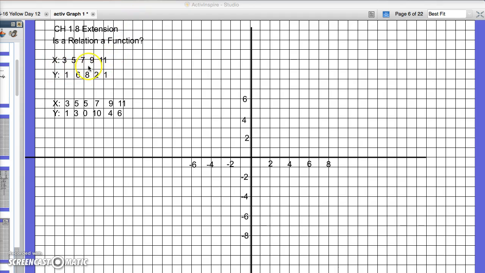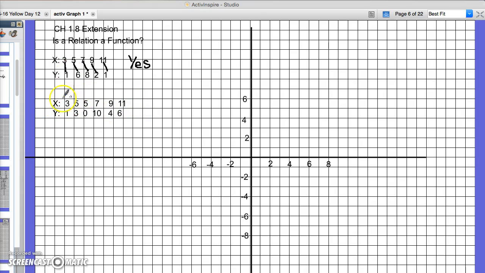If I put in a 3, I know I'll get 1. If I put in 5, I know I'll get 6. 7 gives me 8, 9 gives me 2, and 11 gives me 1. So yes, this is a function. If you give me an x, I can tell you exactly what y is coming out.